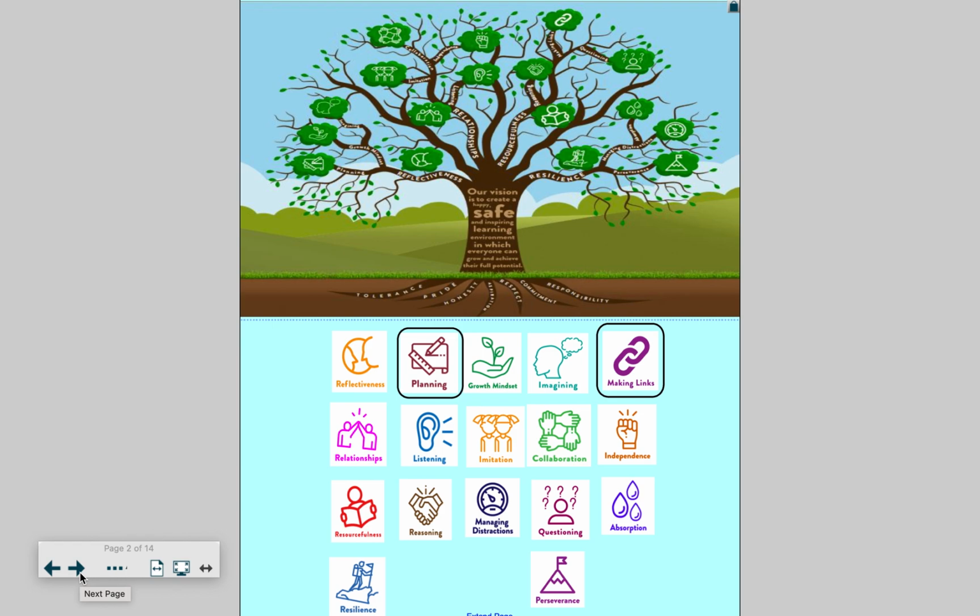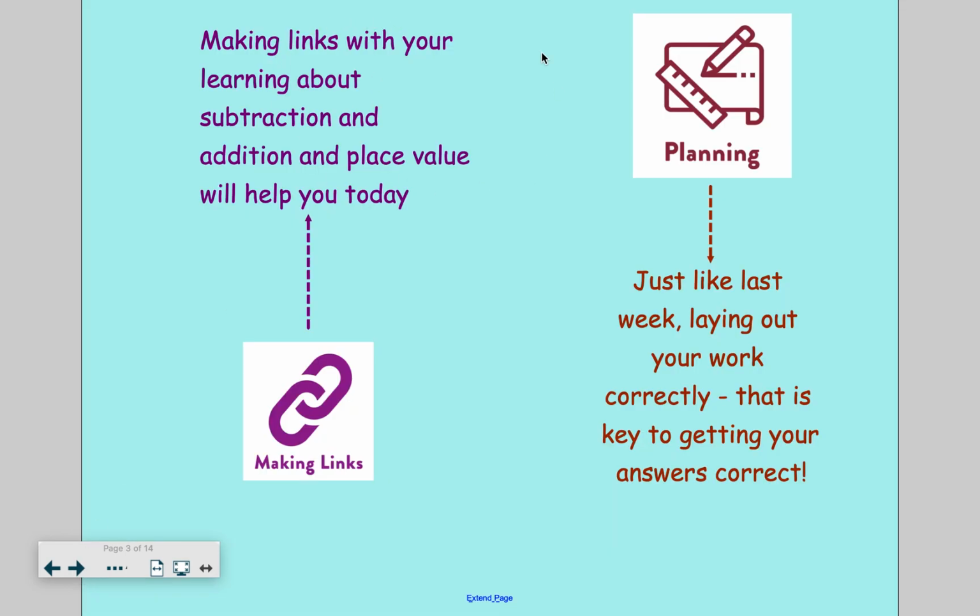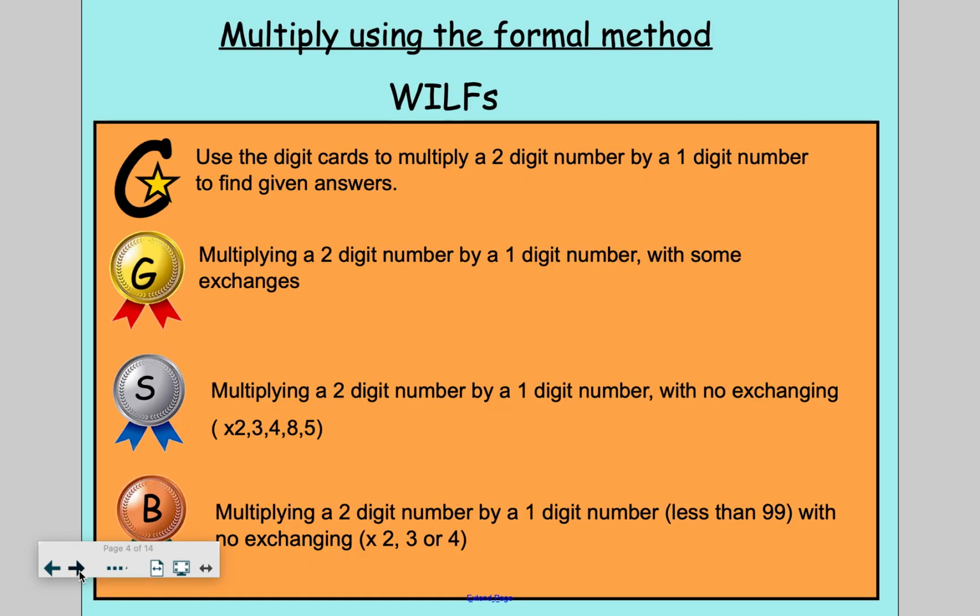So here we go. Today's objectives, planning and making links, because when you make the links when you're learning, think back to last week and the column method and place value, and you can't go wrong with getting your times tables right, and planning, because you need to set the work out carefully, just like last week. So, we're going to be multiplying for bronze, multiplying 2 digit by a 1-digit number, and you will only be multiplying by 2, 3 or 4, and there will be no exchanging.